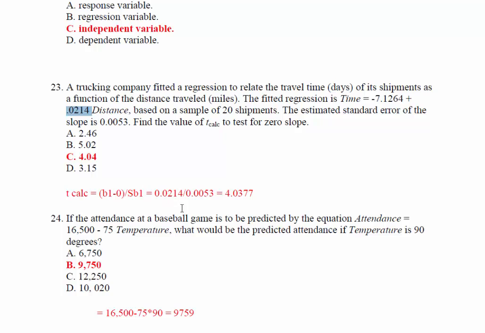So b1 minus 0, of course, is still 0.0214 over the standard error, which in this case is 0.0053. 0.0214 over 0.0053 will give you 4.0377, or rounded up to 4.04. So therefore, C is the correct answer.